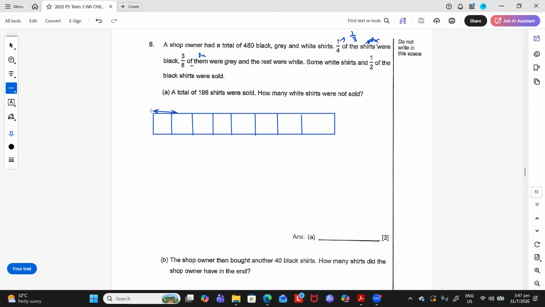Okay, so black will be 1/4, which is 2/8. So label this as black. Next one, gray will be 3 units. So the rest will be white.